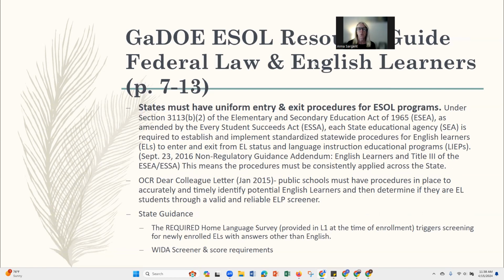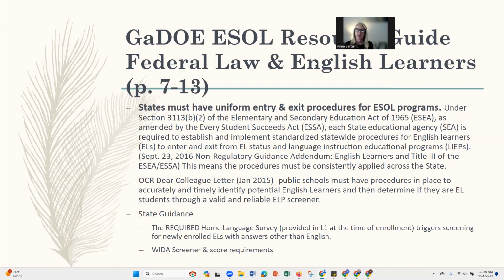In the resource guide, I think it's really important for you to understand the entry and exit procedures for the ESOL programs and why this is so important. Because as we've been talking about through our last 12 to 13 weeks together, the ESOL population in the state of Georgia is booming. If you're working in a school right now, you probably see that.